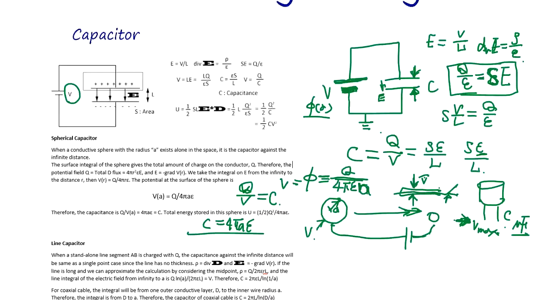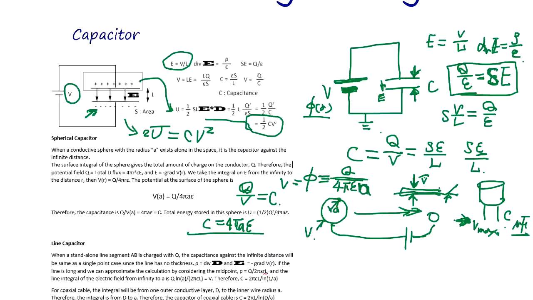Now we didn't calculate the energy. The energy stored on a single side is the E times D, and we have E, so we calculate half of CV squared. But remember, the entire capacitor energy is going to be 2U because you have a negative charge accumulated on the other side. So it's going to be CV squared.